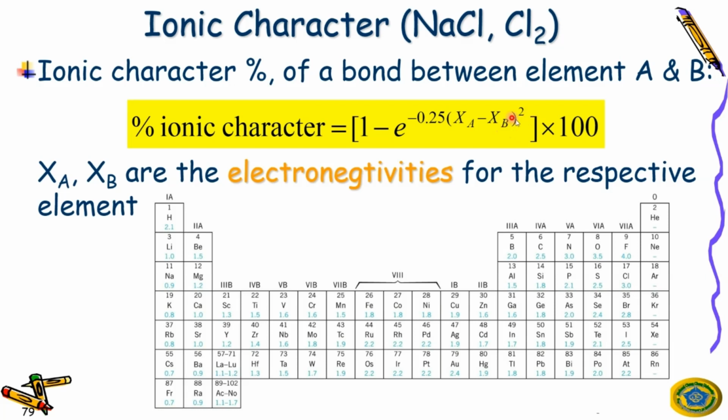So it doesn't matter if you put chi B in the front or chi A in the front, right? So chi A and chi B are the electronegativity of the respective elements.